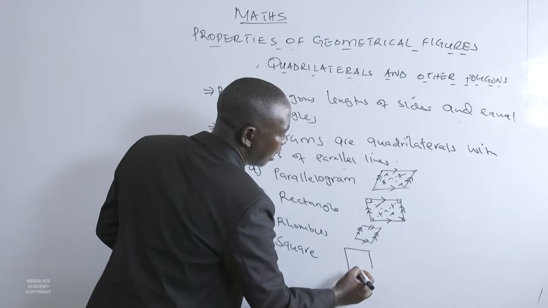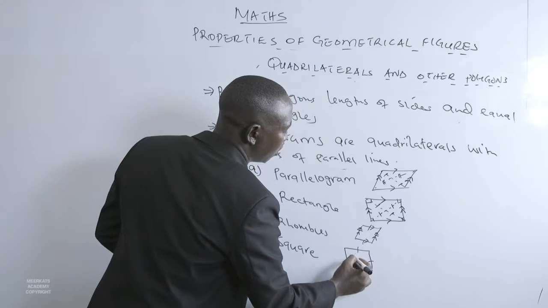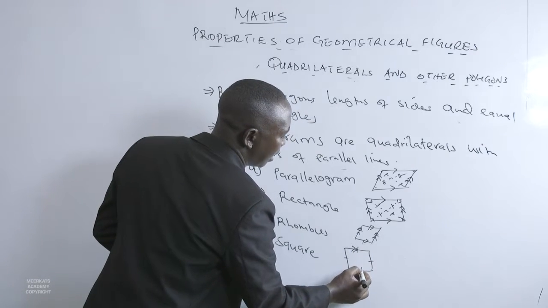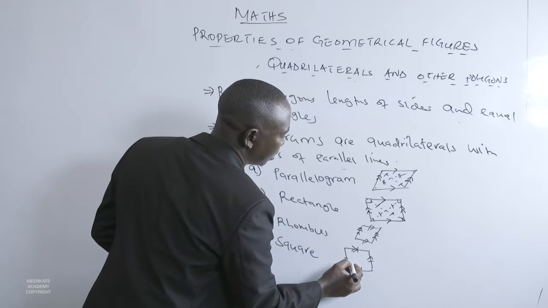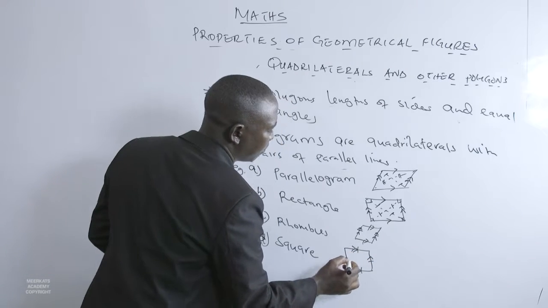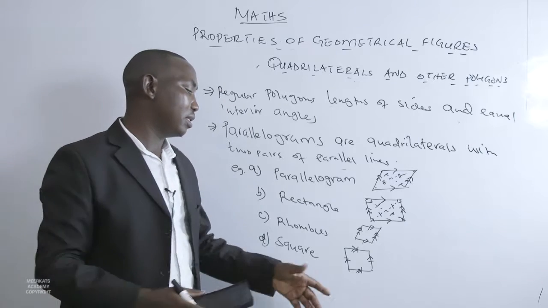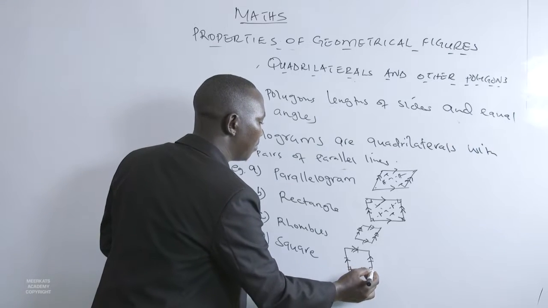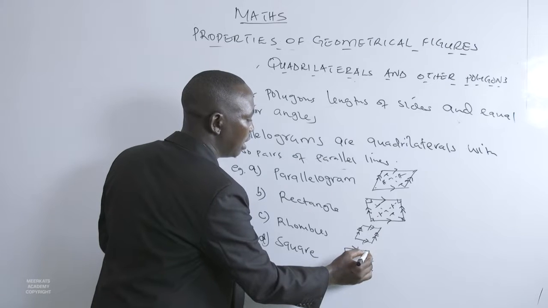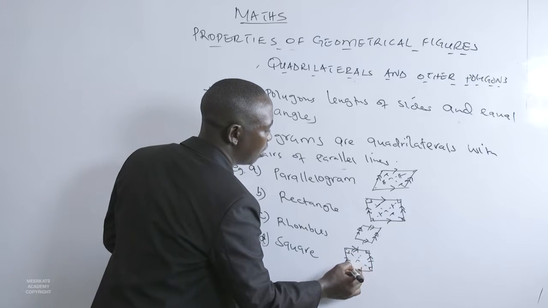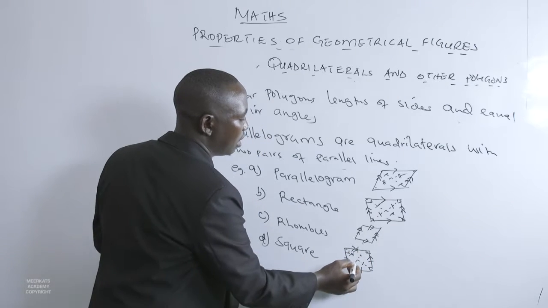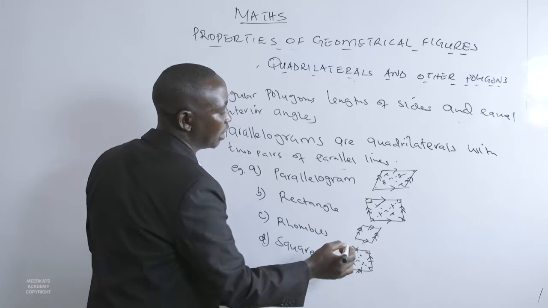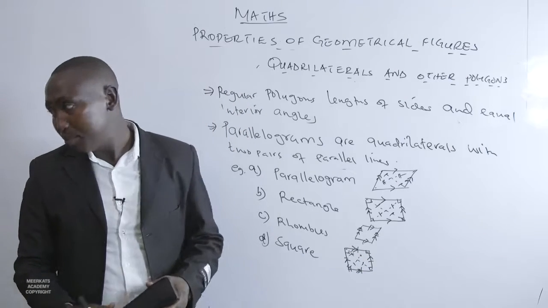A square is a quadrilateral in which all sides are equal and two pairs of parallel lines. Then all the angles again are 90 degrees. And if you obtain the diagonals, this side will be equal to this, to that, and to this other one.